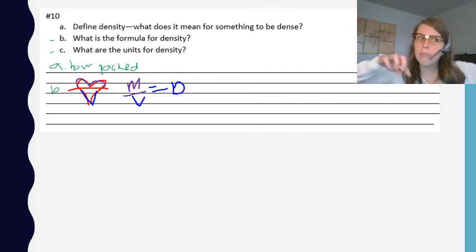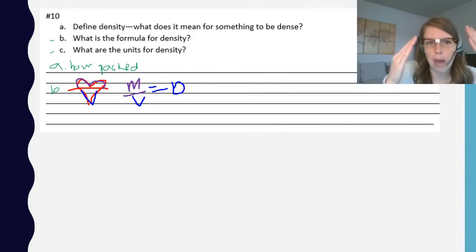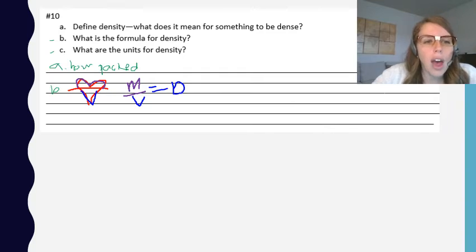Now we've just spent the last couple slides talking about mass and volume. So now we're relating the two things, and how they relate is that mass divided by volume equals density. So that helps us on letter C talk about the units.